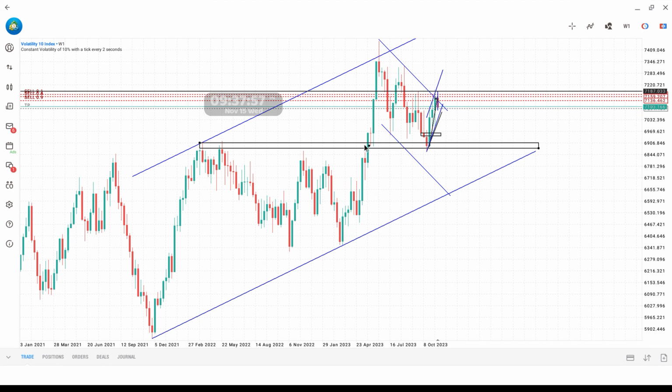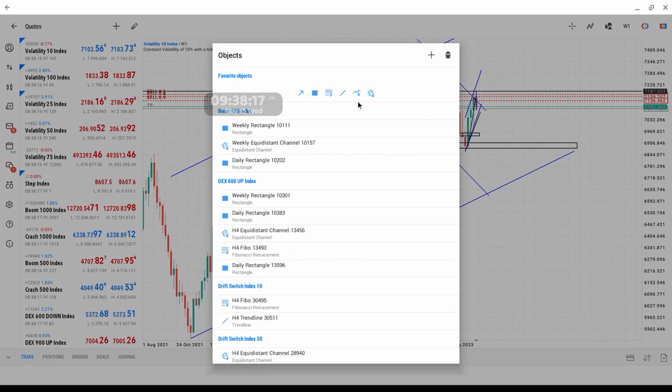But for me, I'm still expecting price to get down here, and that might even take some time. That can take some days, but I just know that V10 right now is selling, giving a kind of correction.